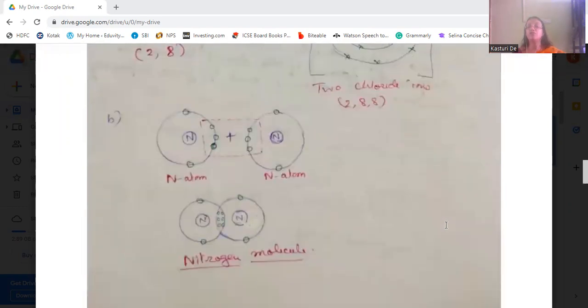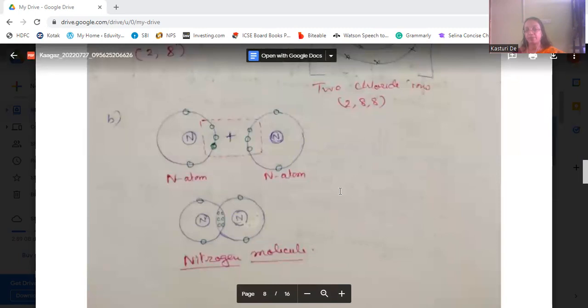Now, the nitrogen atom will share its 3 electrons from the valence shell with each atom, and it will form an N2 molecule. Then the nitrogen molecule will be like this.